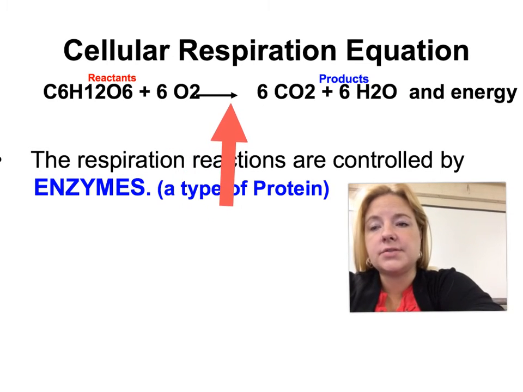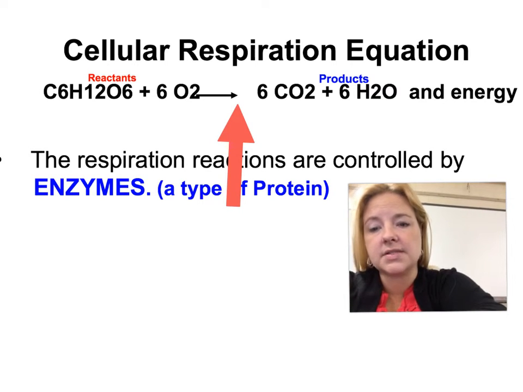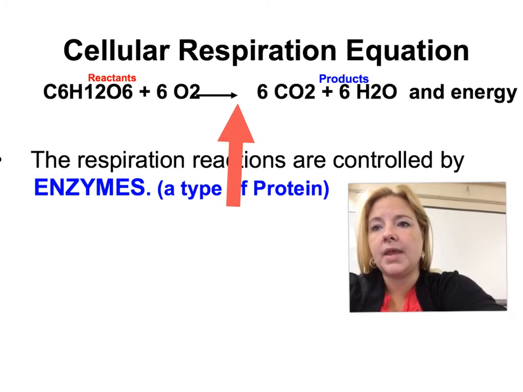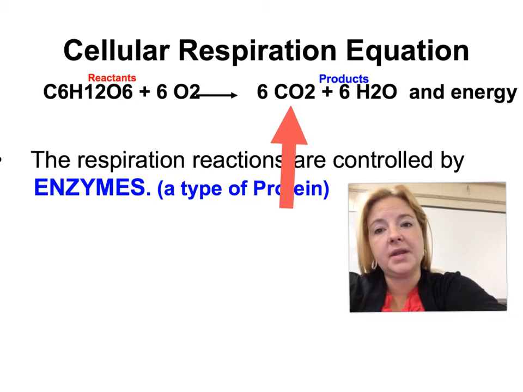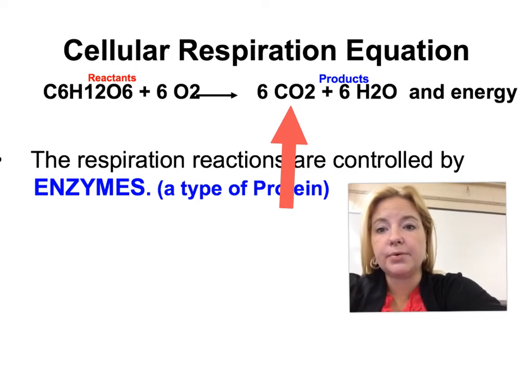The products then, so we have our arrow sign here that shows us that we are making products in this overall chemical equation. And our products then are going to be carbon dioxide, which for you and I, we breathe out. Now, since all organisms are doing this process, plants also release carbon dioxide because they also are doing cellular respiration and photosynthesis.